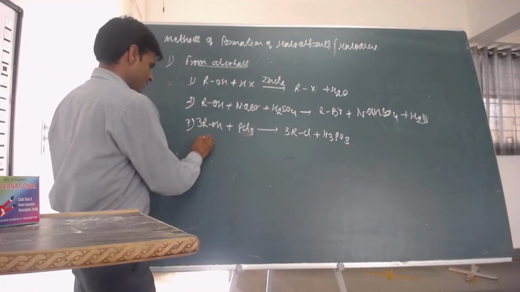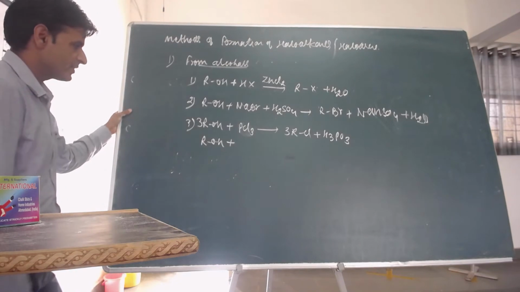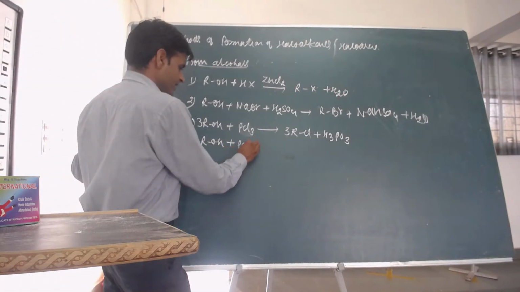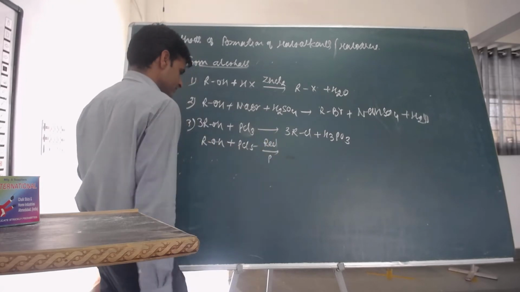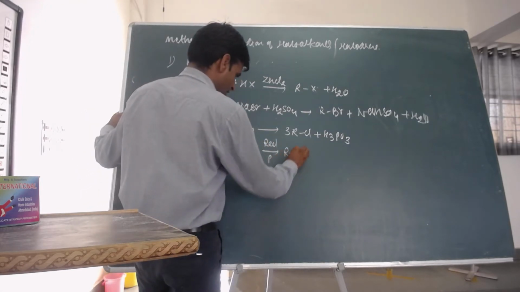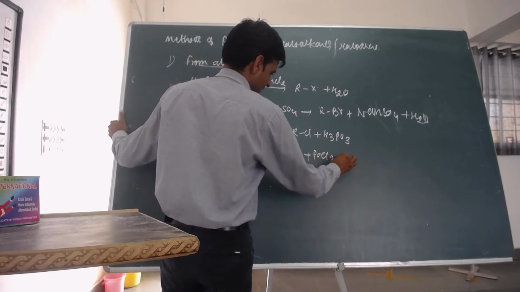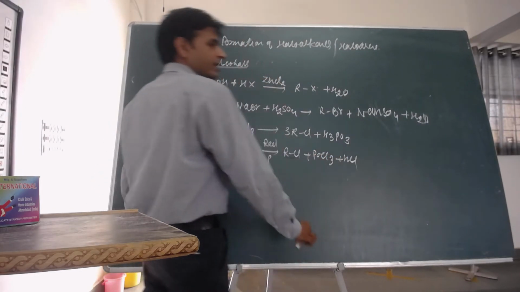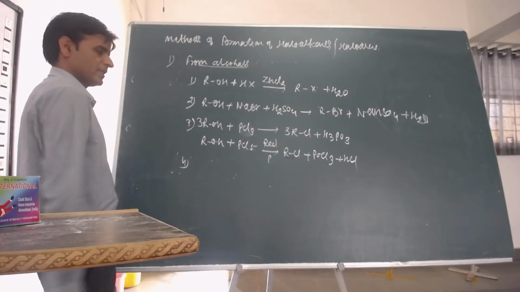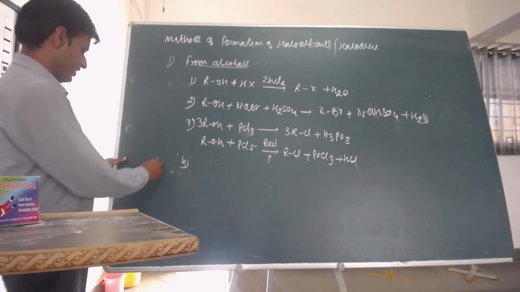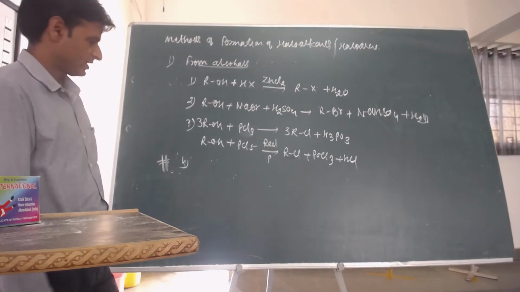Like this, when alcohol is halogenated in the presence of phosphorus pentachloride, or red phosphorus, then we obtain haloalkane plus phosphoryl chloride plus HCl. And in the fourth example, we can obtain the haloalkane, which is the most important reaction.